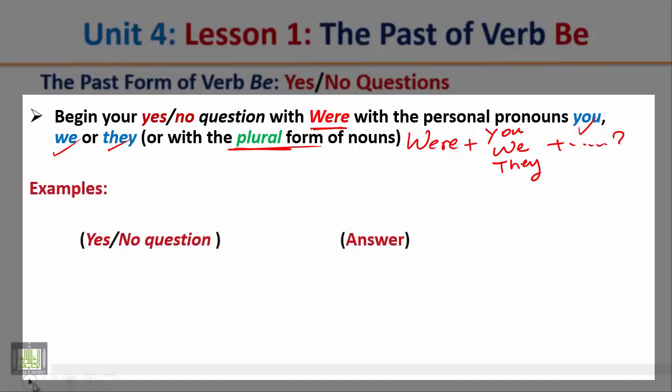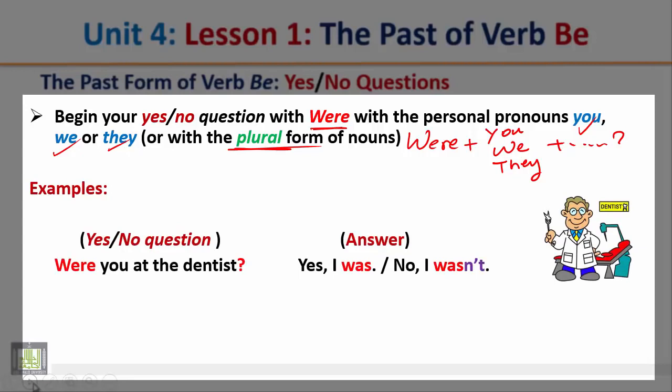Examples. Were you at the dentist? Notice here that the question starts with the verb were. After that, we have the subject, and then complete your question. Were you at the dentist? The answer, yes, I was, or no, I wasn't.